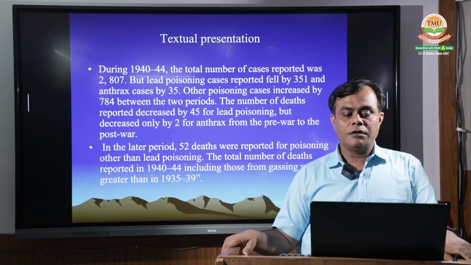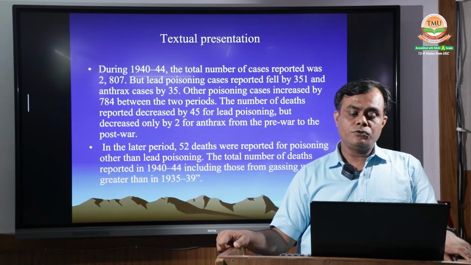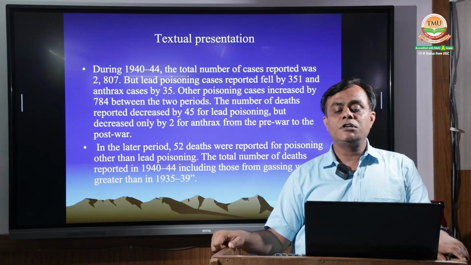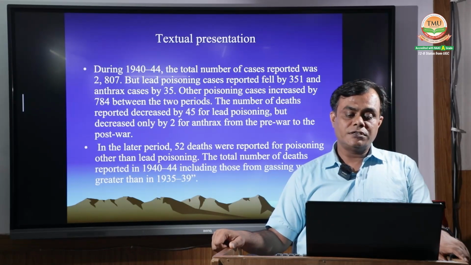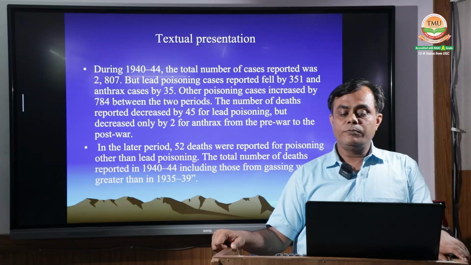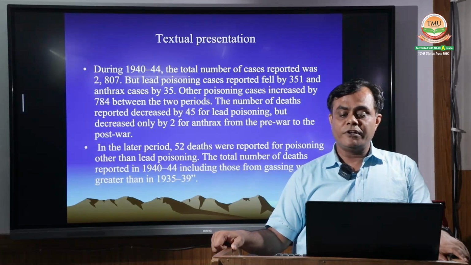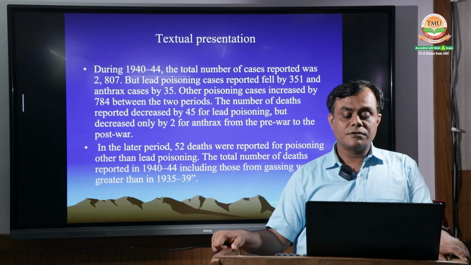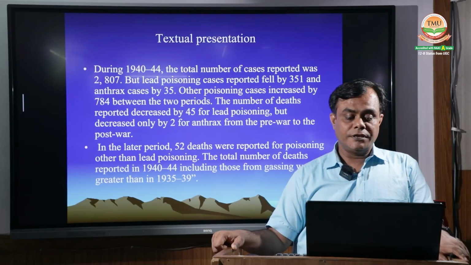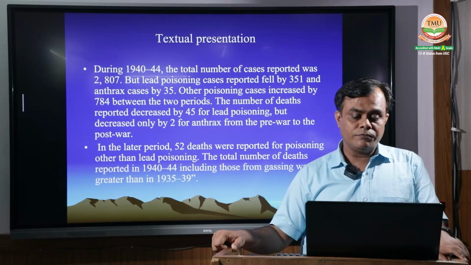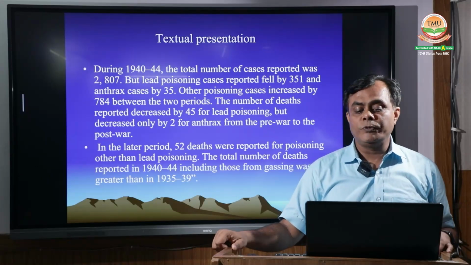During 1940 to 44 the total number of cases reported was 2807, but the lead poisoning cases reported fell by 351 and the anthrax cases were 35. Other poisoning cases increased by 784 between the two periods.